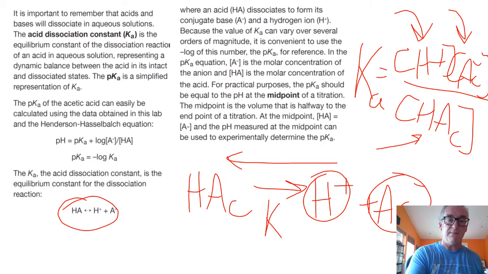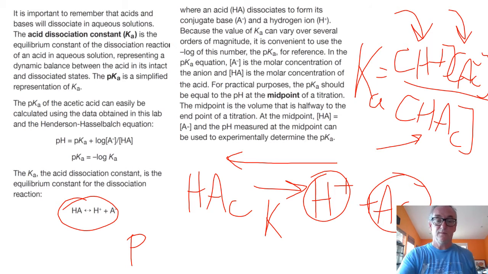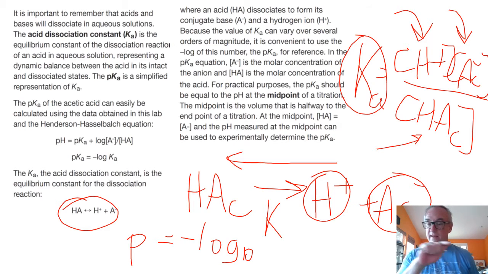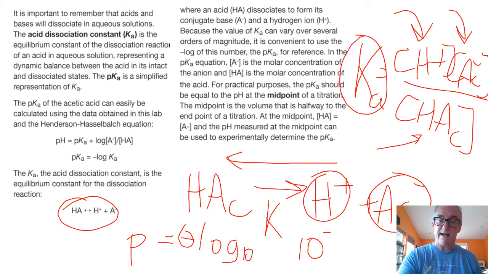And what pKa means, this small p just refers to negative log. That's all it means. It means we take the logarithm, the log 10, of the dissociation constant, Ka, and then we change it to a negative number. In acetic acid's case, Ka is 10 to the minus 4.75.